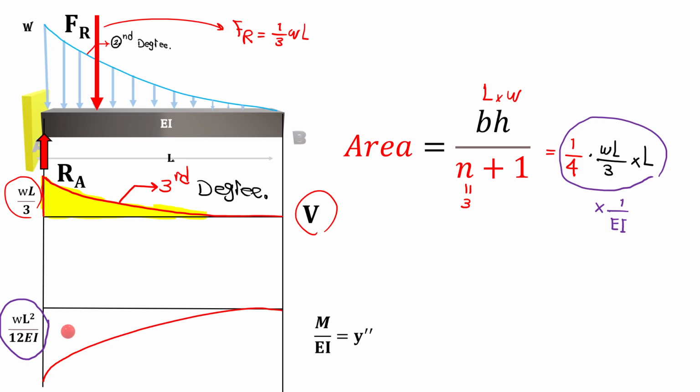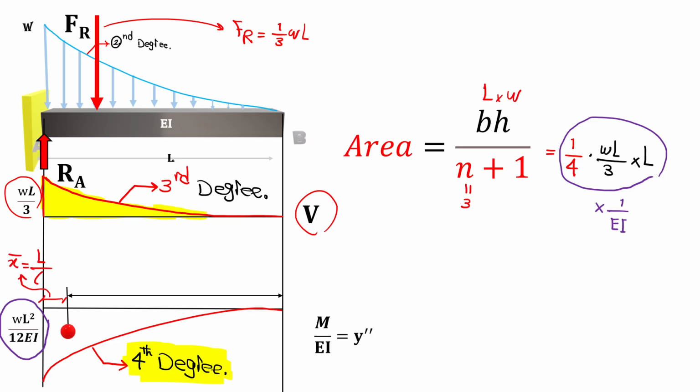And with the same logic, we just go on, and then this is the fourth degree equation. So following the same pattern, FR, the loading is second degree, shear is third degree, and definitely the moment is fourth degree.